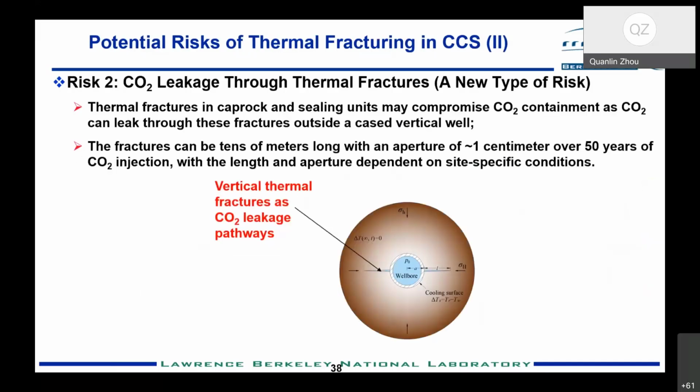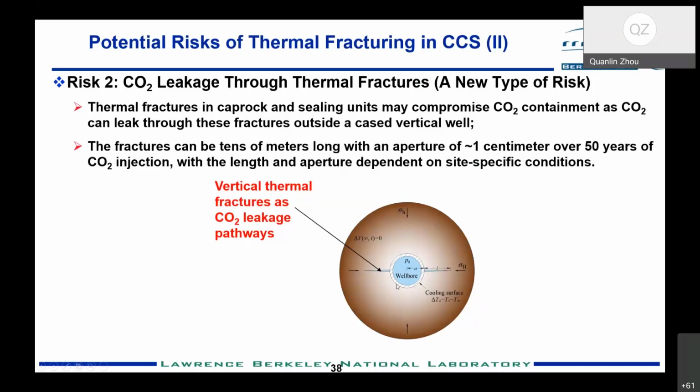Then the second type of risk is CO2 leakage through thermal fractures. You see that can happen because, although this is a cased well in the caprock, you still have thermal exchange and a fracture propagating.